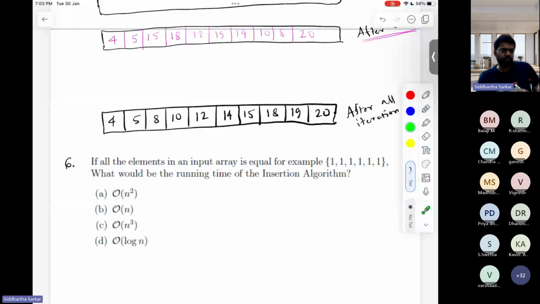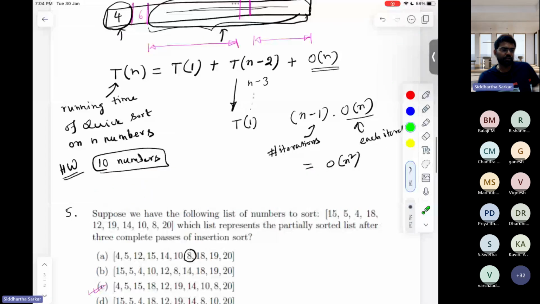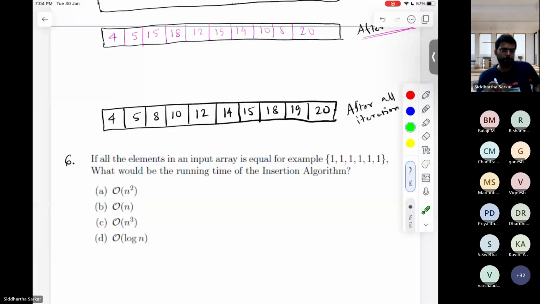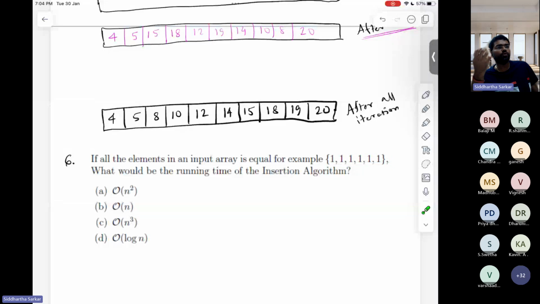In the worst case, how much time does insertion sort take? That we haven't seen, but anyway. The worst case time complexity of insertion sort is order n squared. So this is an easy example. We can expect, at a high level, without doing any calculations, that the time required would be somewhat less than order n squared.